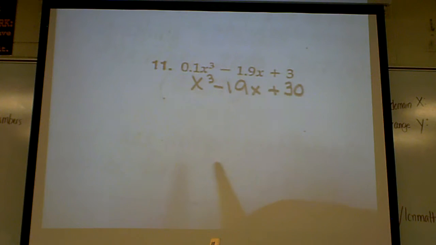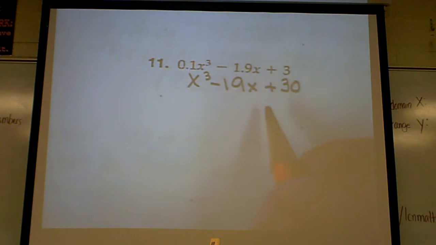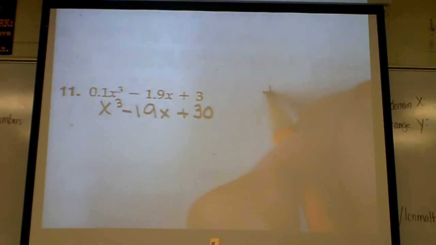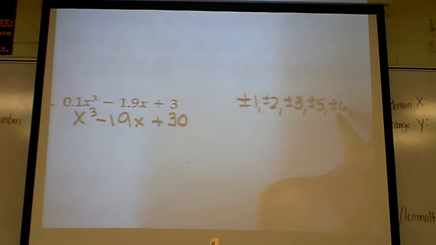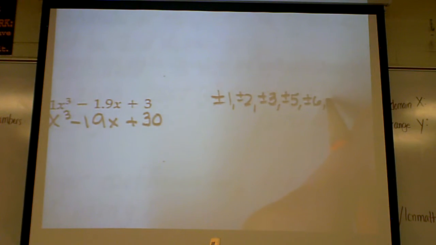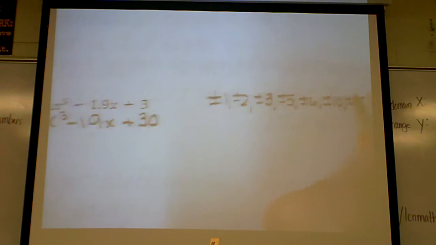For this one, when you do synthetic division, a lot of times it's 1 or 2. They don't usually give you crazy answers, but your possible zeros are 1, 2, this list is gonna be crazy, 3, 5, 6, 10, 15, and 30.